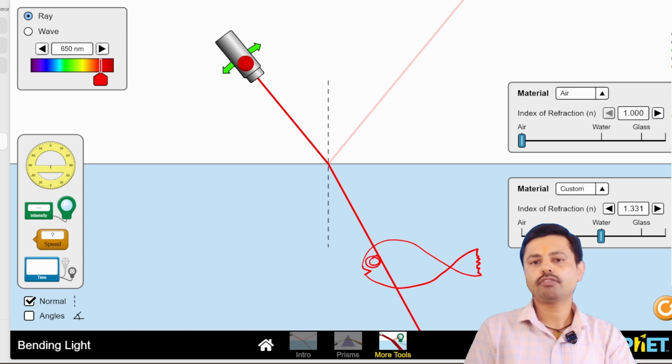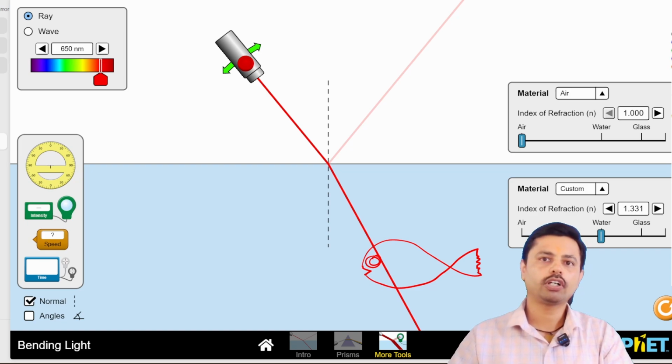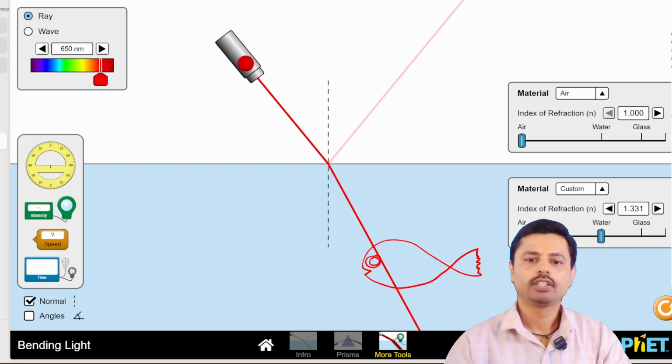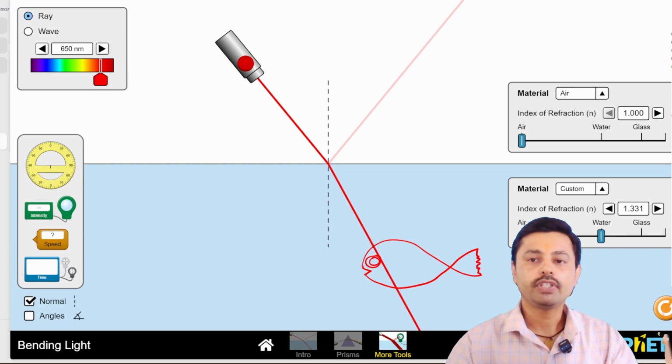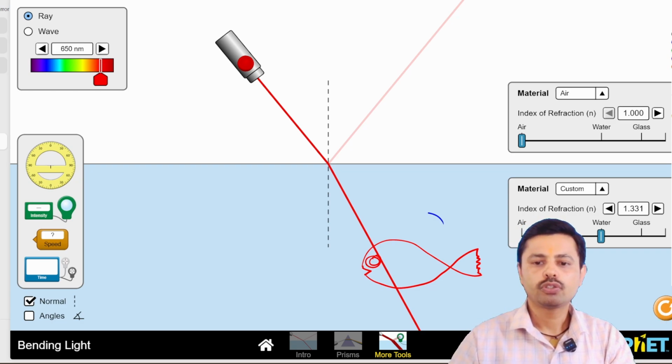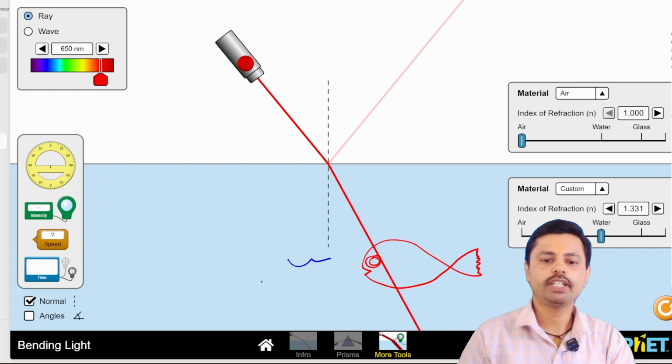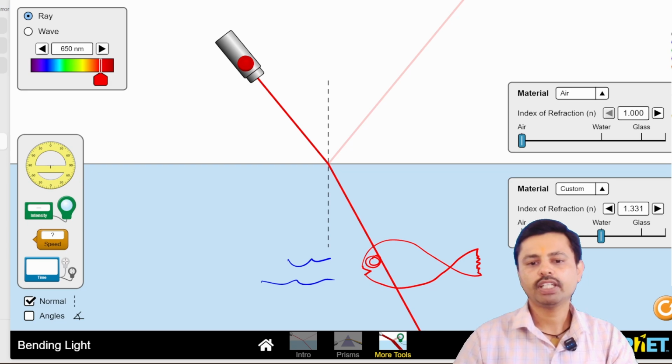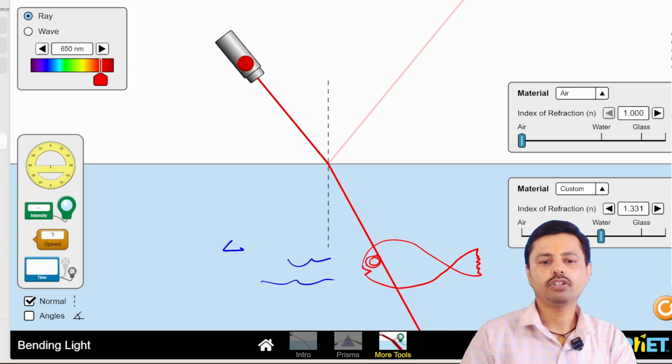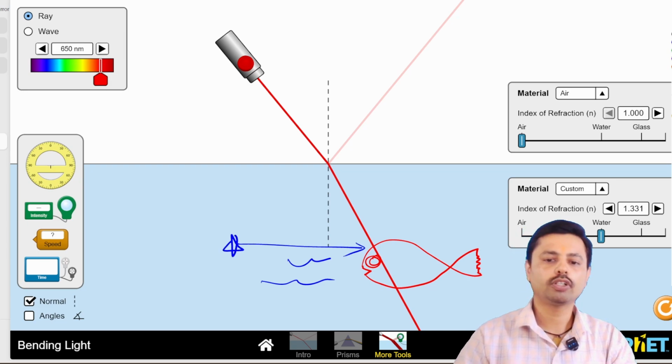But it doesn't affect the fish much because it has naturally evolved for it. And also, we are out of the water, not the fish. So for the fish there is only one uniform medium, that's water, and that's why inside the water it's very easy for the fish to see any object.